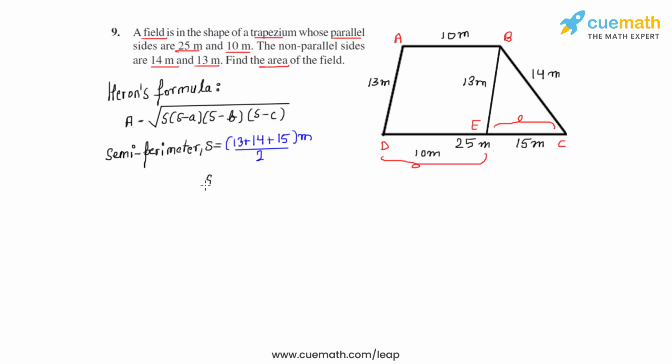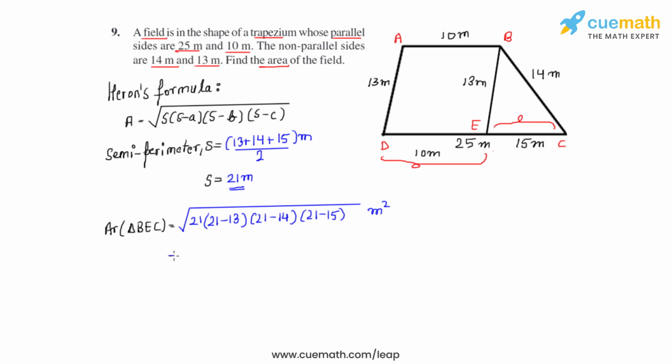On calculation we get the semi-perimeter S to be equal to 21 meters. Now that we have found the value of the semi-perimeter, let's find the area of triangle BEC by substituting these values back into Heron's formula. So we get the square root of 21 times (21 minus 13) times (21 minus 14) times (21 minus 15) meter square.